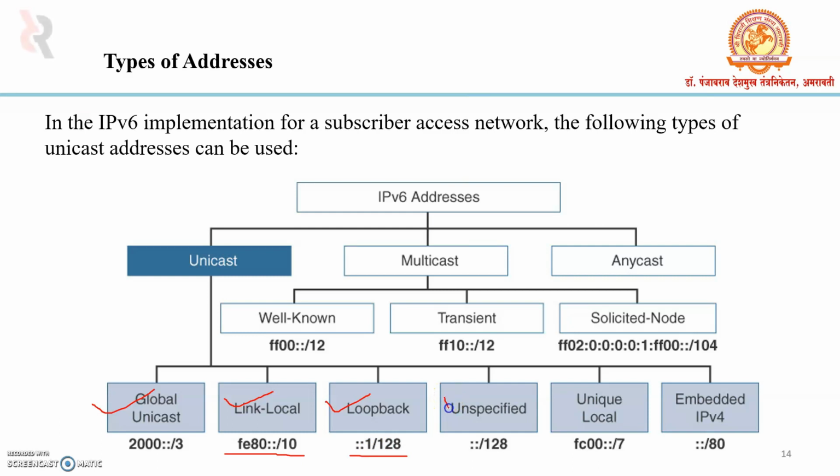Unspecified IPv6 address. An IPv6 unspecified address is all 8 times 0/128, which can be noted as this one, ::/128.